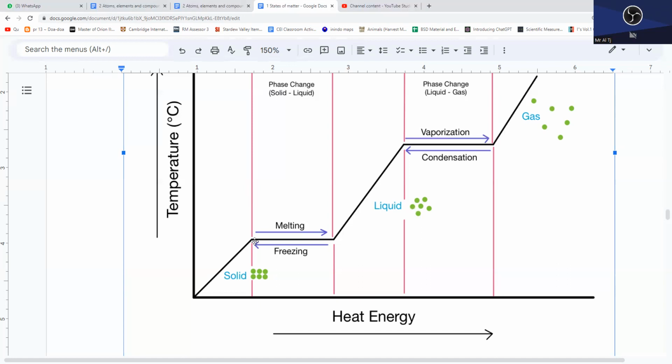The state is changed from solid to liquid. In the process here, the solid cannot increase the temperature as long as there is still bond there. So the temperature is not going to change until everything melts.